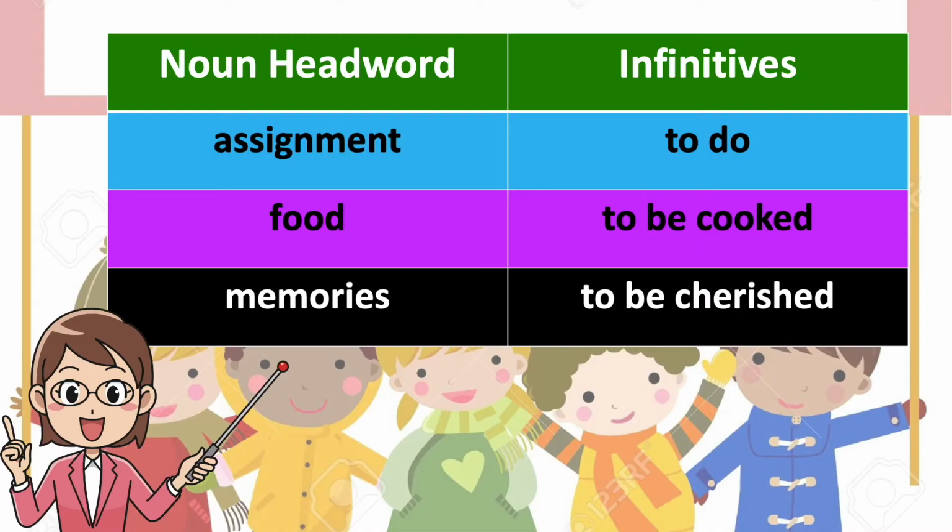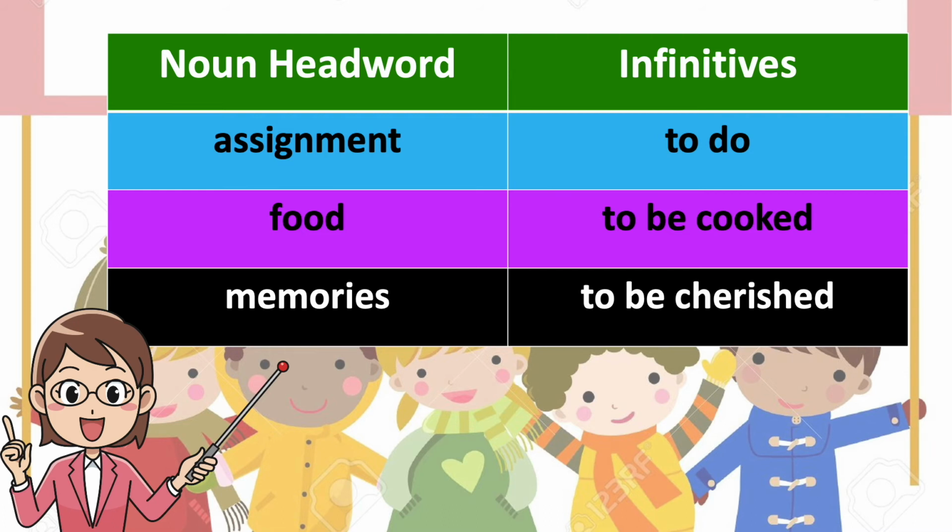We can also have a noun cluster having infinitives. Infinitives are formed by to plus the base form of the verb. Example, to do, to play, to read, and so on. Infinitives can also be formed by to be plus the past participle of the verb, such as to be cooked, to be cherished, to be submitted, and so on.